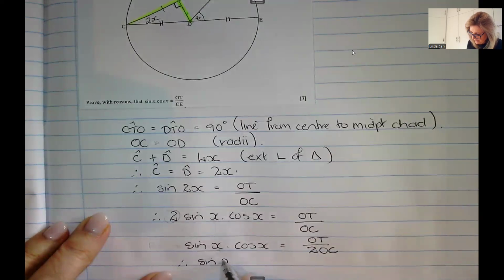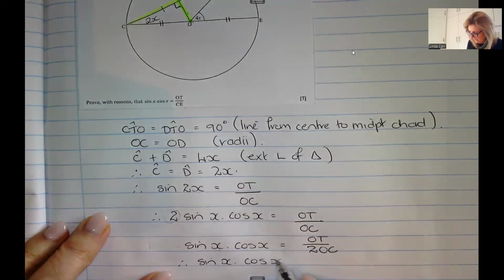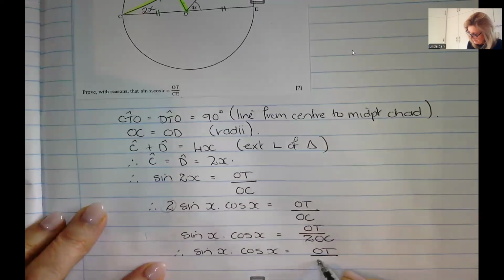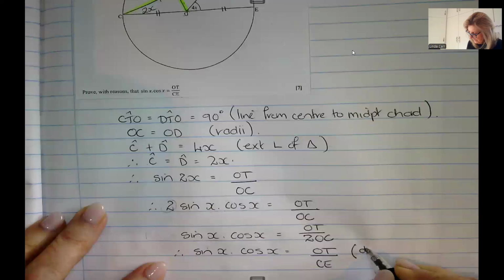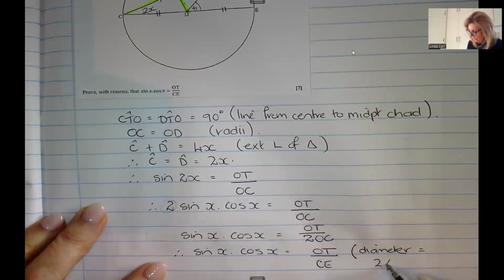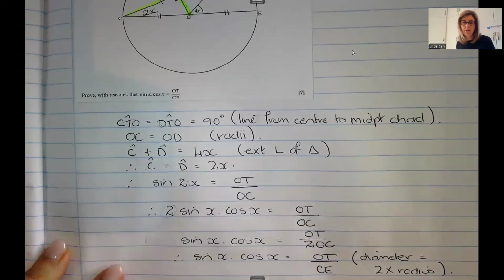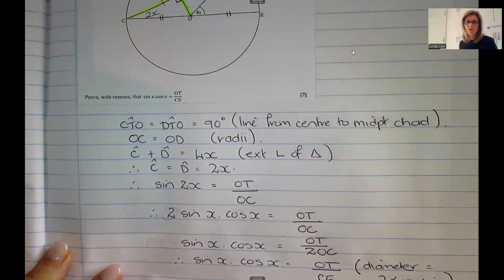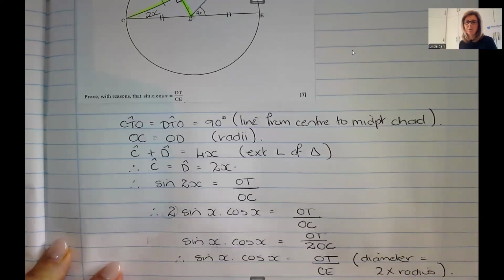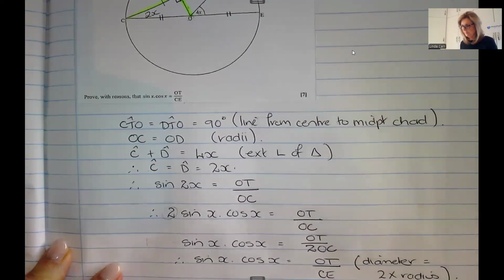So sine x times cos x is equal to OT over CE because diameter equals 2 times radius. All right, so a lovely combination question there with a bit of Euclidean geometry and then some trigonometry thrown in just to see if you are up to speed with your trig as well.